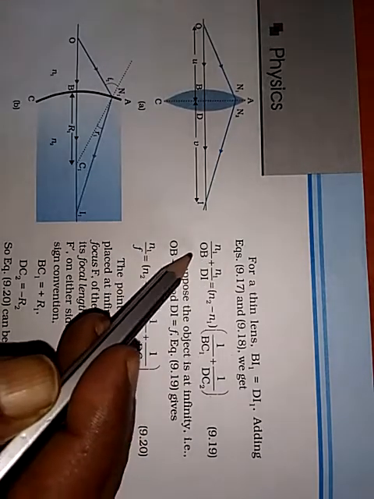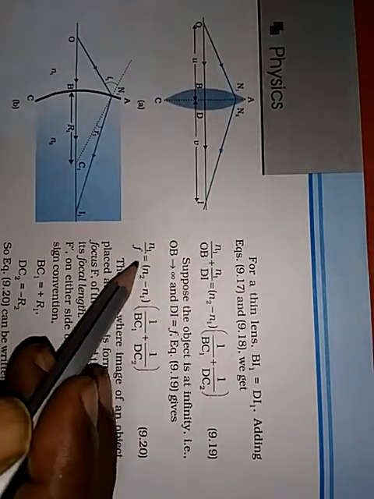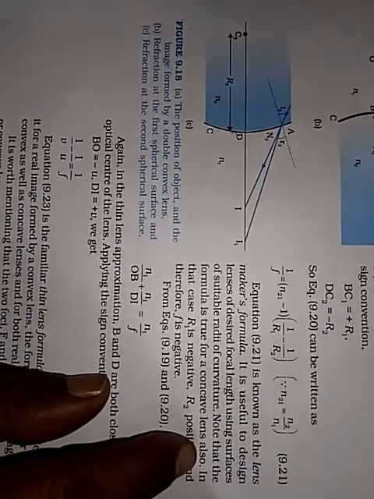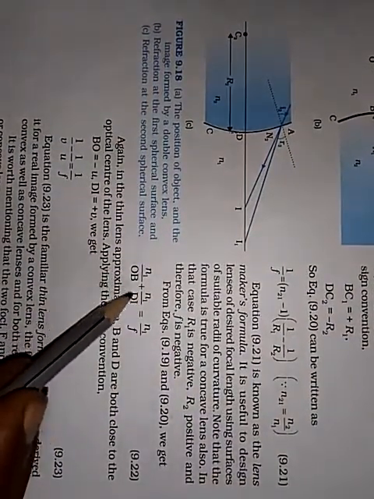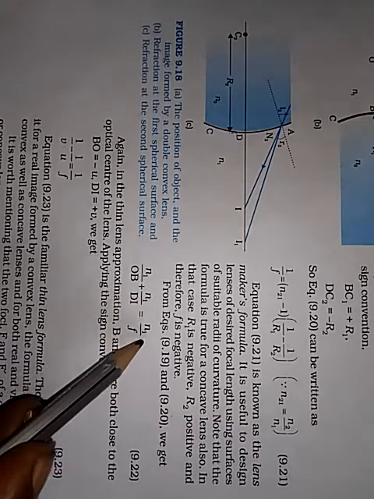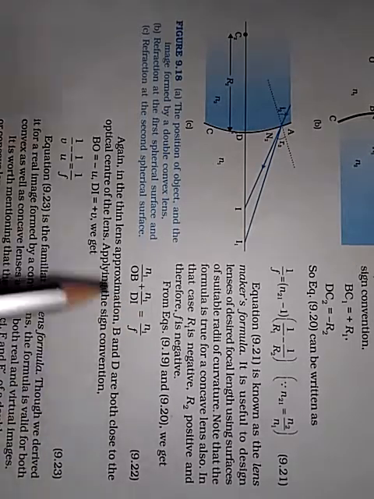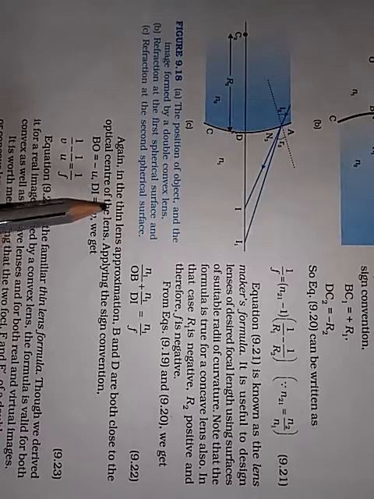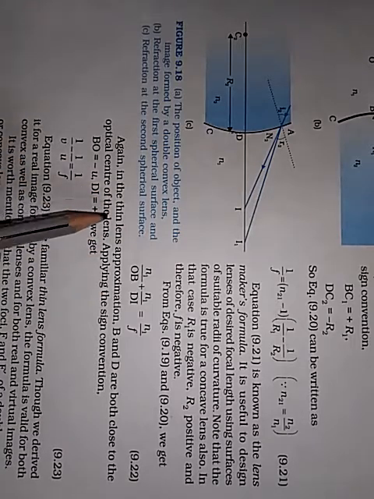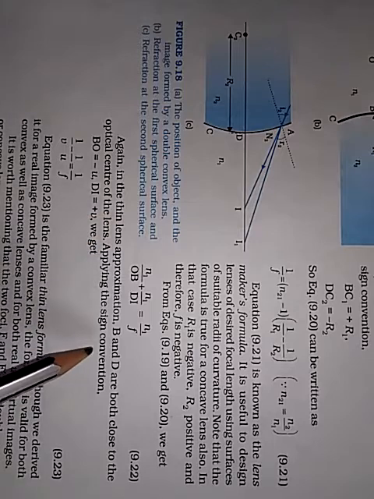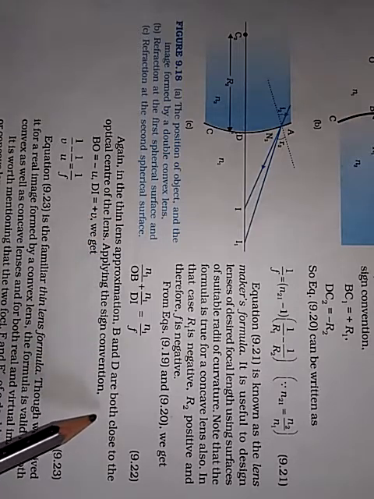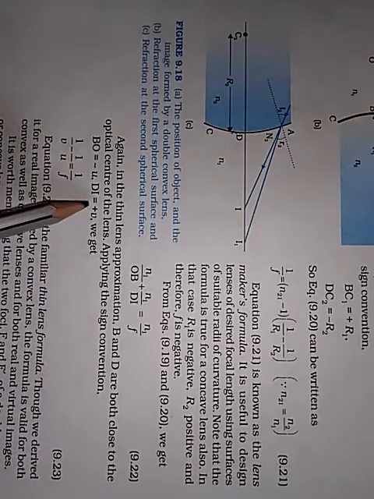So n1 by OB plus n1 by DI is equal to n1 by F. That's what is written here. Again, in the thin lens approximation, suppose we consider a very thin lens, B and D are very close to the optical center of the lens.